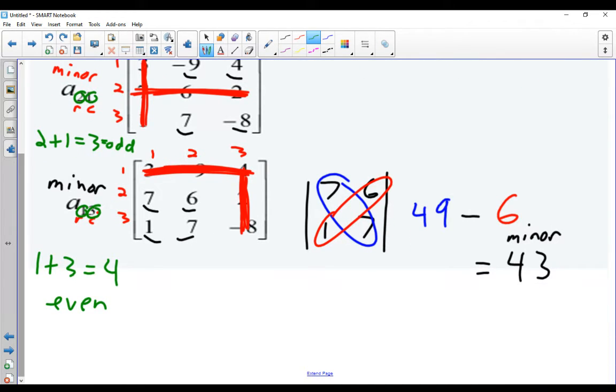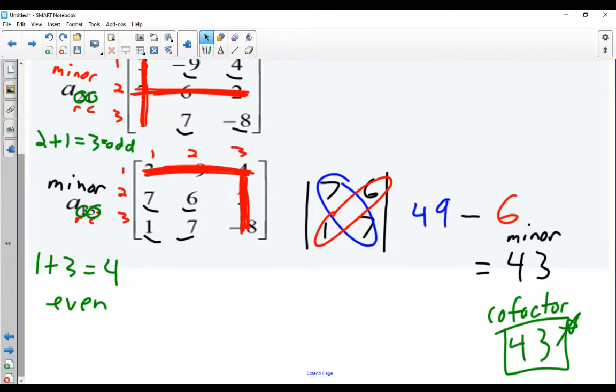So in other words, our minor and our cofactor will be the same. So 43 is the answer for that one. And that is how you find a cofactor. And with that said, let's move on to the final part of this video.